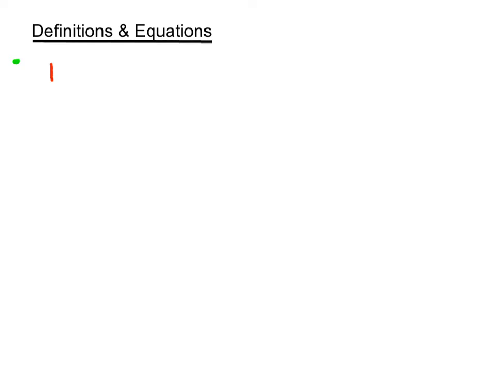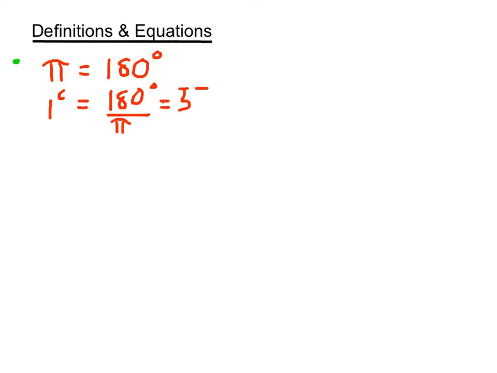From the last slide, we saw that pi radians is equal to 180 degrees. If we divide both sides of the equation by pi, we see that 1 radian is equal to 180 degrees divided by pi. And this is roughly 57.3 degrees.